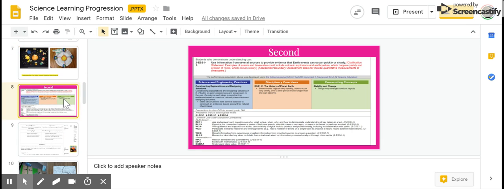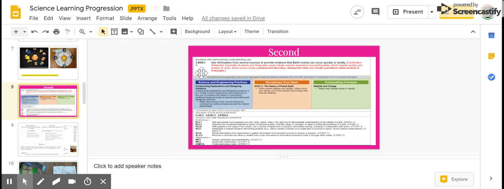And then for second grade, the standard is use information from several sources to provide evidence that Earth events can occur quickly or slowly. So here in second grade, students will understand how Earth's events cause changes in the Earth.